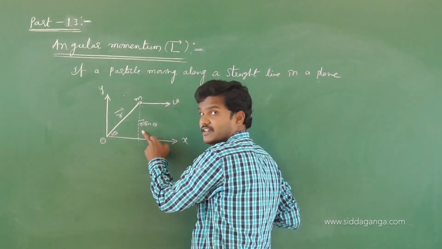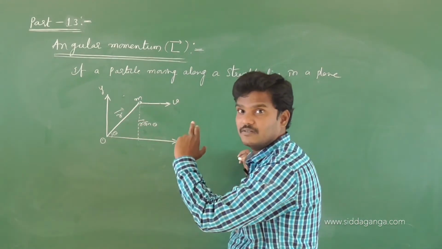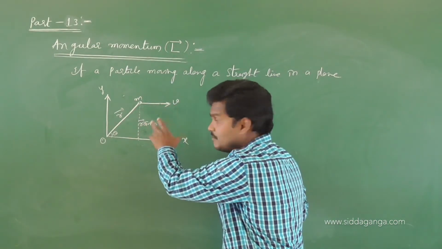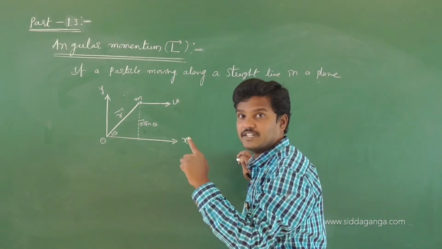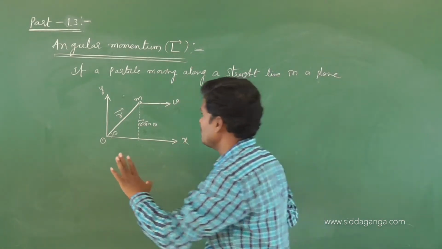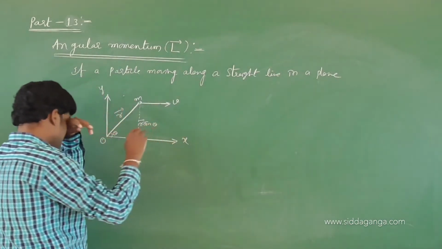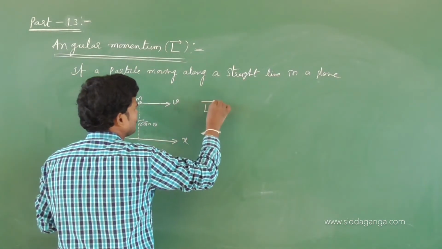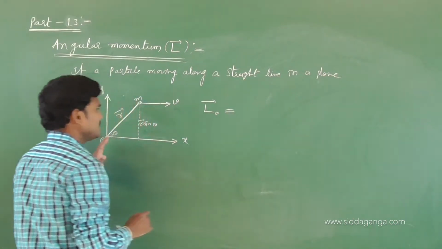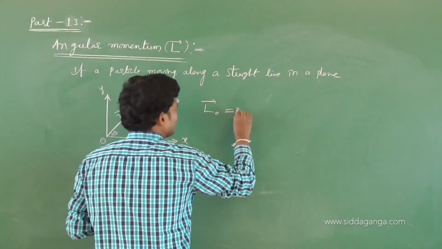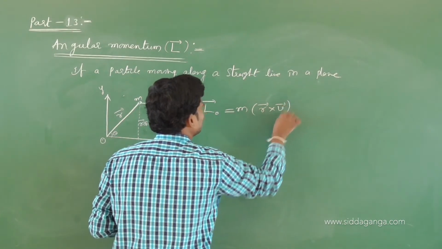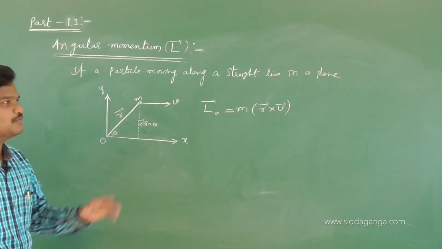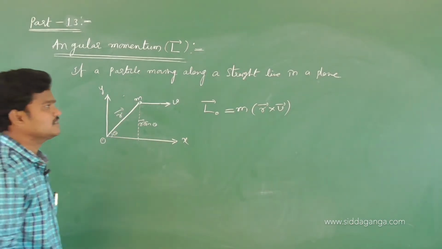So m v r sin theta. mv is nothing but p, so p r sin theta, like A cross B. So the angular momentum about point O can be written as m into r bar cross v bar.